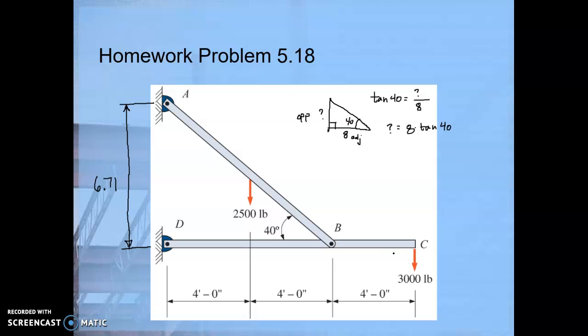We have just two applied loads here, 2,500 and 3,000. We know that there are going to be vertical reaction forces here at A and D that are going to resist these two, but we don't know how it's going to be shared. So what we may need to do is actually leave those two vertical reaction forces as unknowns.